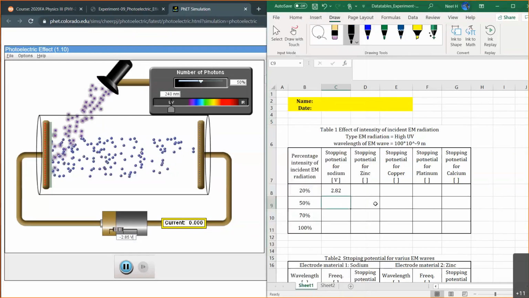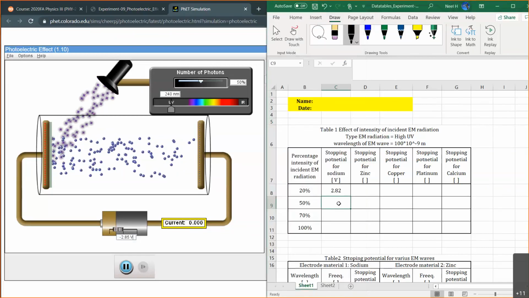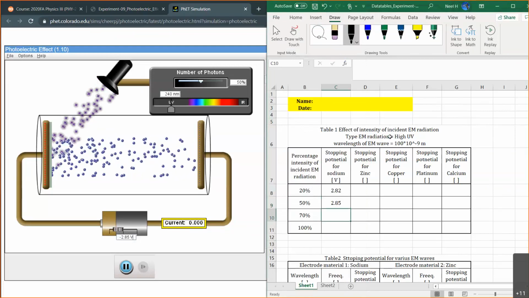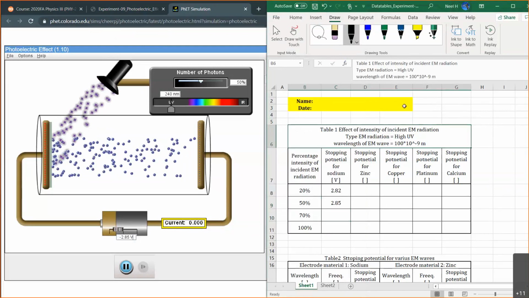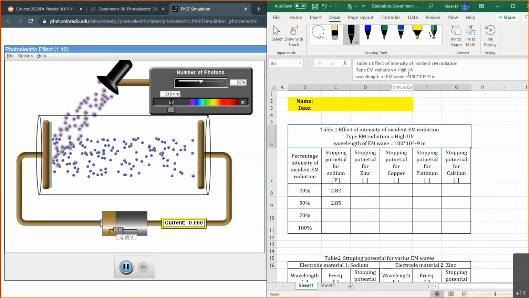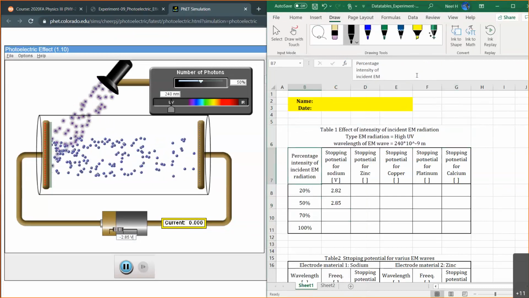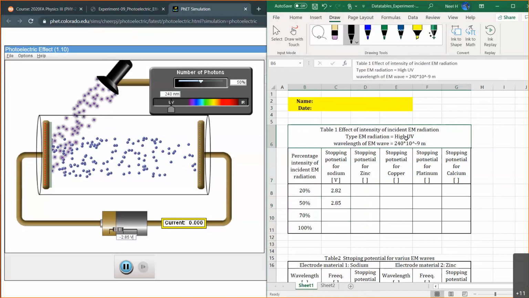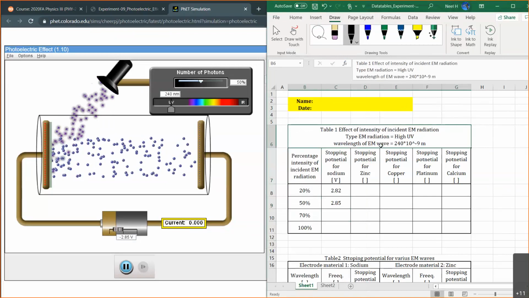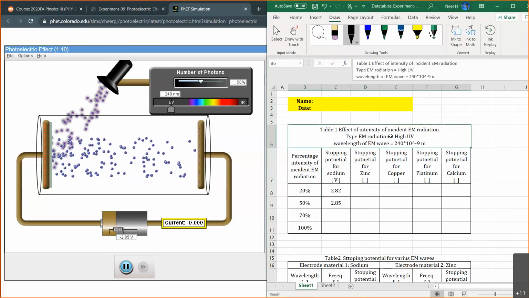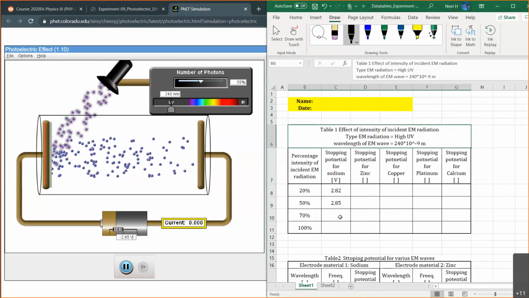Now you can see it changes, but by a very small amount. Okay, 2.85. And also make sure the wavelength is changed a little bit. Now I'm applying 240. Make sure you record that accordingly. We are in the high UV region, and the wavelength we apply is 240 nanometers, which technically doesn't matter because we're just doing this observation.